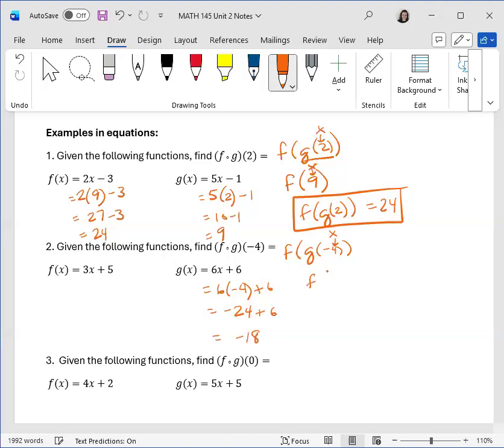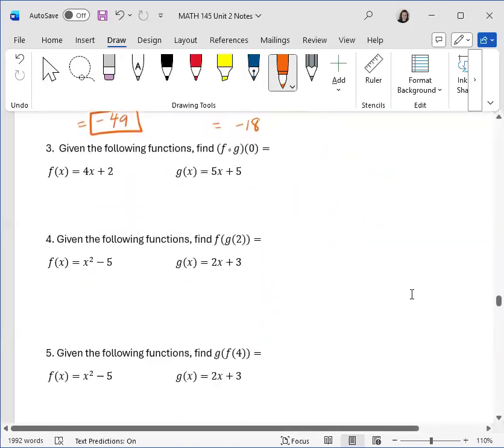Now substituting negative 18 in for x into f's function would say 3 times negative 18 plus 5. 3 times negative 18 is negative 54 plus 5. And so I'd get negative 49, which is my final answer.